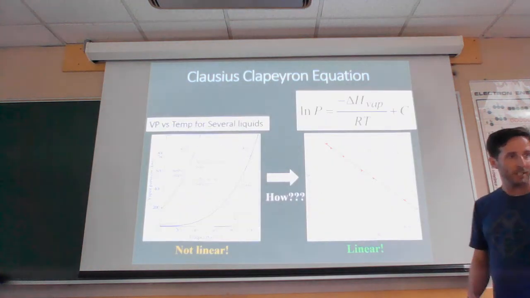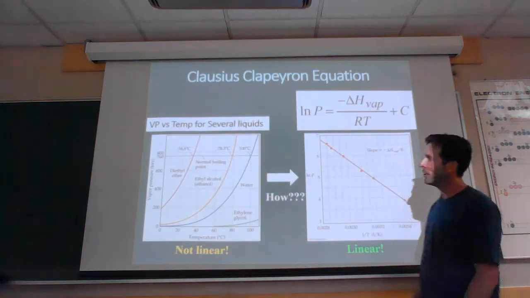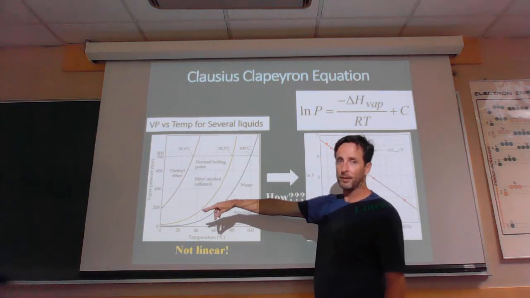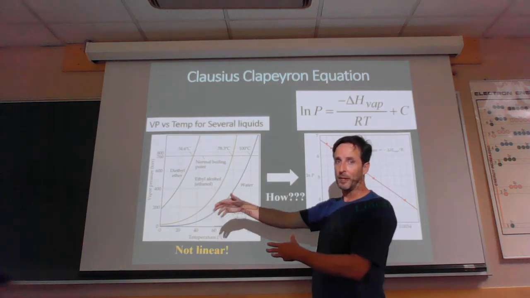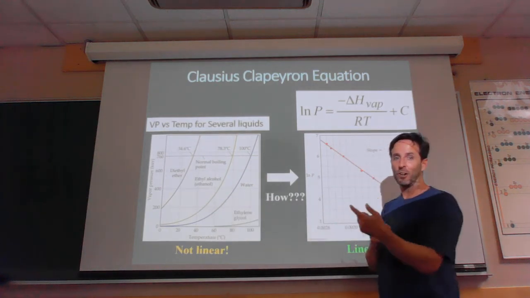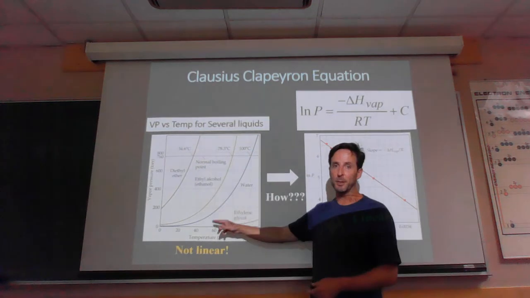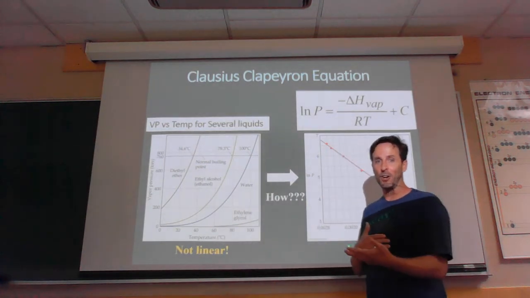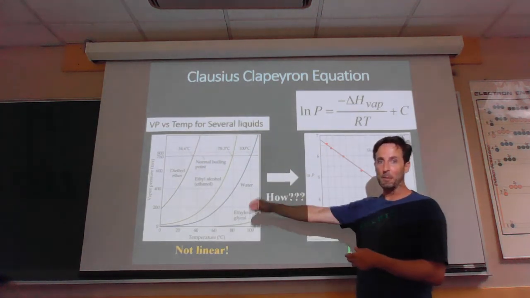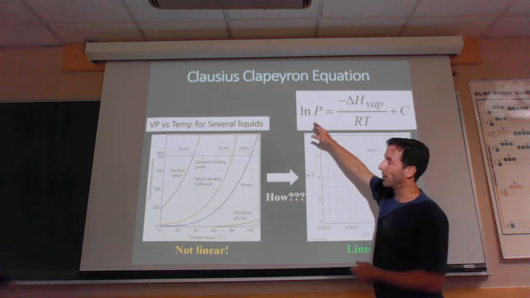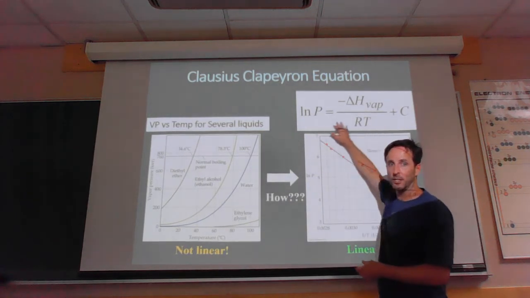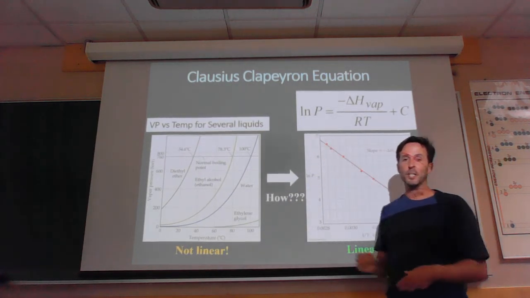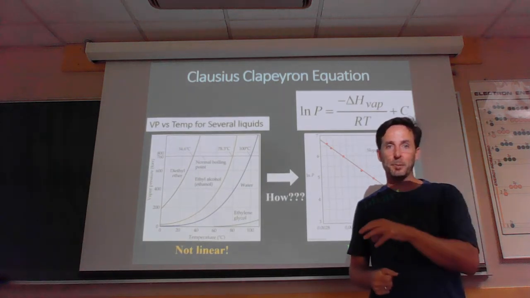What they did was take the vapor pressures they measured and take the natural log, because these are exponential relationships, and make that their y-axis. So this is the equation that they are graphing. The equation of a line is always y equals mx plus b.